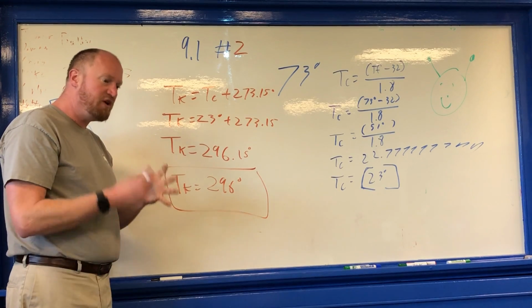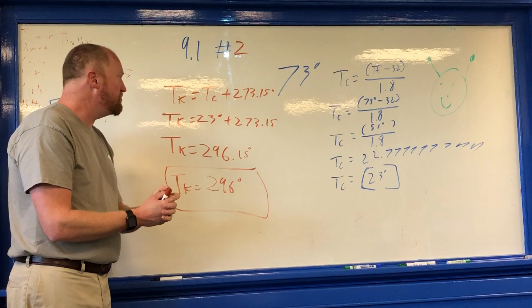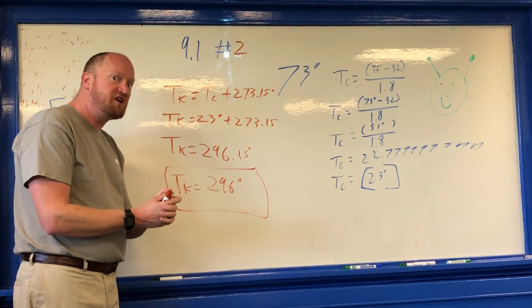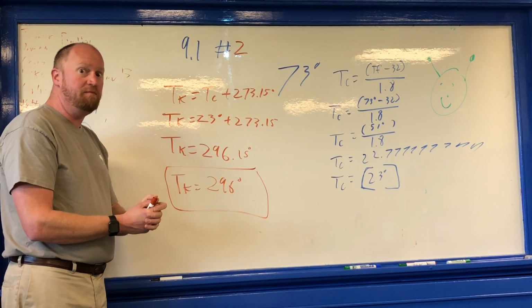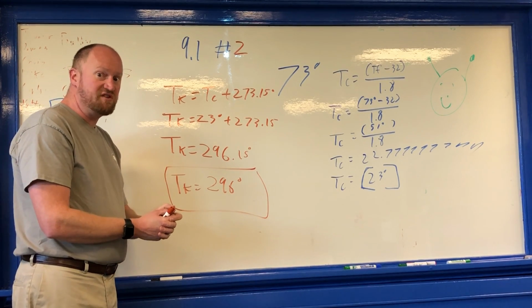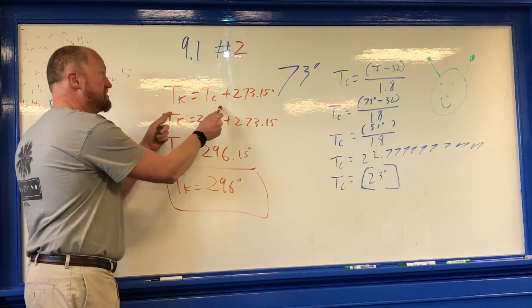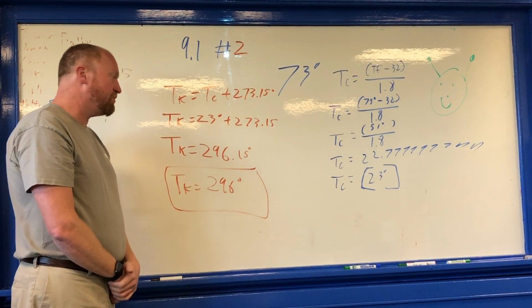Absolute zero is the absolute coldest you can get. There is nothing below absolute zero. You will never get a temperature in Kelvin that's negative. So if you get a negative number, you know you've done something wrong. Highly unlikely to happen. It's a fairly simple equation.